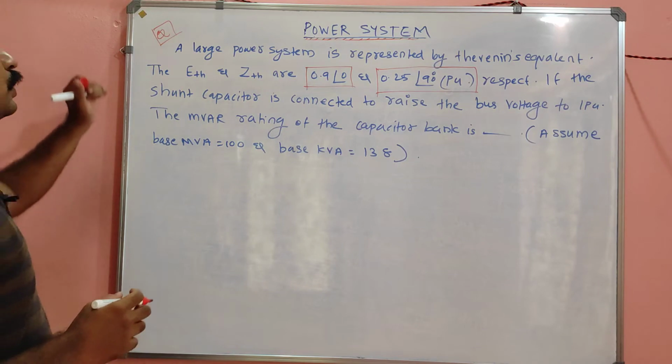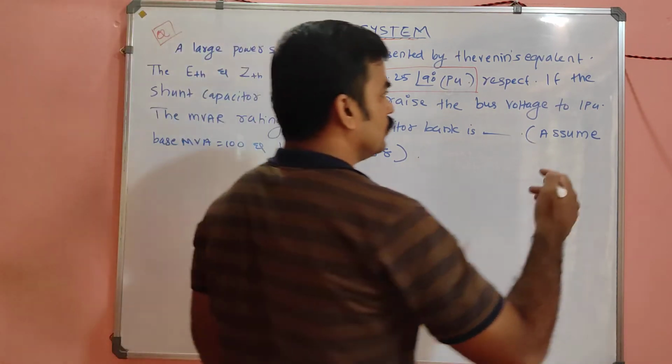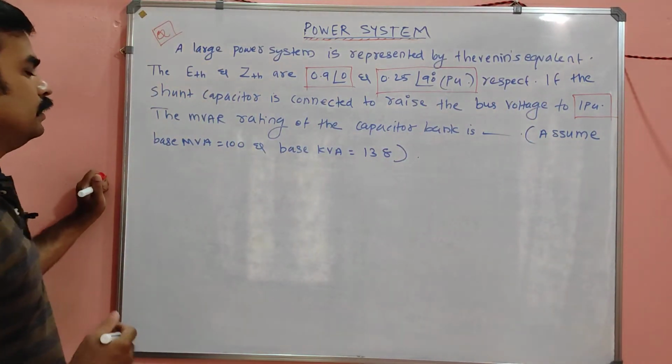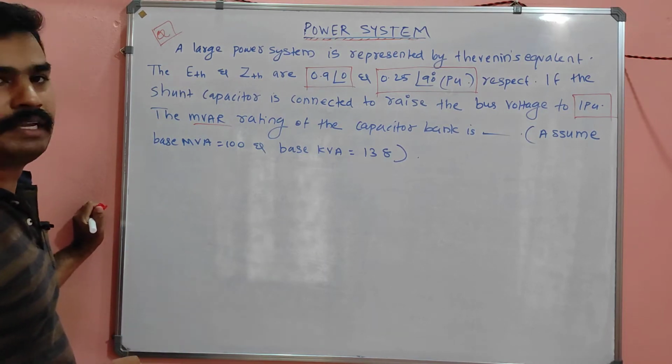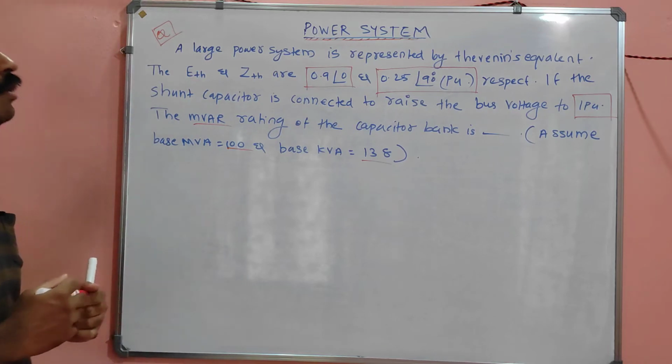If the shunt capacitor is connected to raise the bus voltage to 1 per unit, so our terminal voltage will always be 1 per unit. We have to find the MVAR rating of the shunt capacitor bank. The base MVA and base kV are given. How can we solve this?